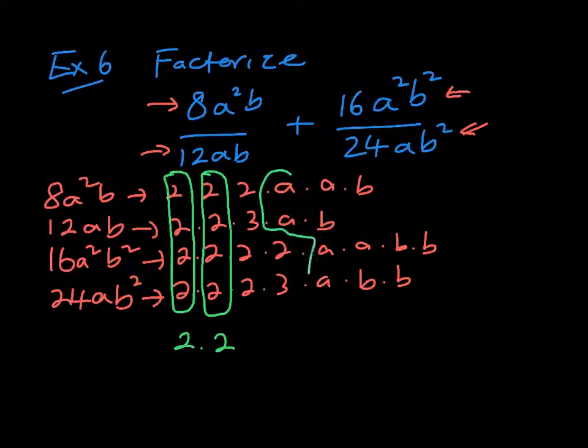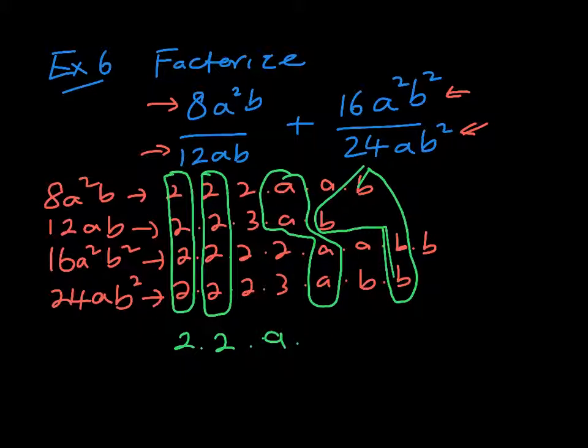I think yes, that is a, that is common to all of them. Do we have b in all of them? I believe so. So we have b in the 4. Okay, so therefore we have times a times b. So if we write this as a whole, 2 times 2 is 4, 4 times ab is 4ab. The common factor is 4ab.